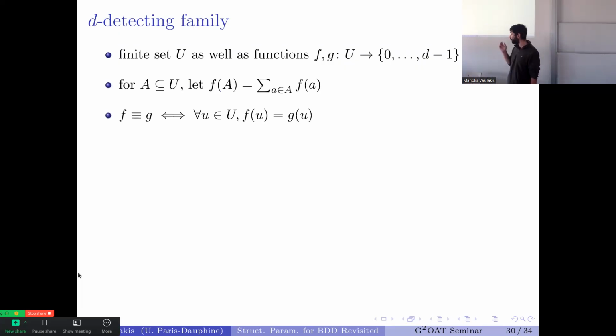Assume that for a subset A of our universe, f of A is defined as the sum of the values of every element that it has. And the 2 functions are equivalent if they map every element to the same value.